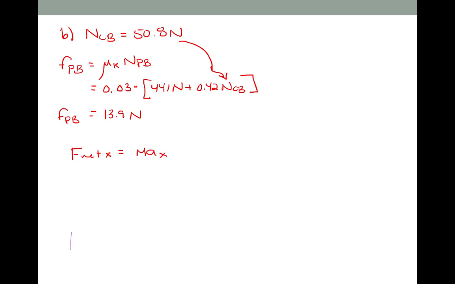That equals mass times acceleration. In the x direction, I have two forces. I have the normal from the contestant on the block in the x direction, and the force of friction from the pond on the block, which points in the opposite direction. The acceleration will be in the direction of the contestant as the problem is worded.